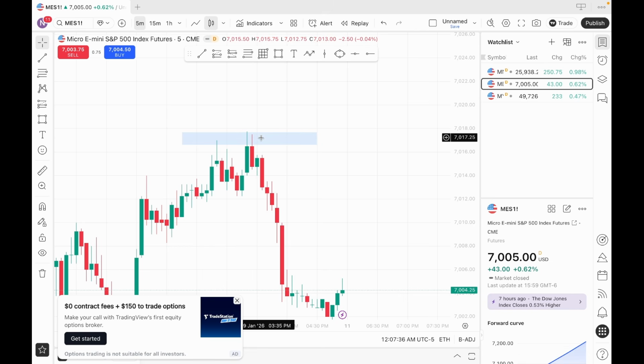Sellers are coming in at this level and price could reverse, especially if you see a bunch of low volume candles and then a bunch of rejections at a certain level. That tells you we have no volume of buyers anymore, and with so much rejection off this level, there could be a bunch of limit sell orders here that want to push price lower.